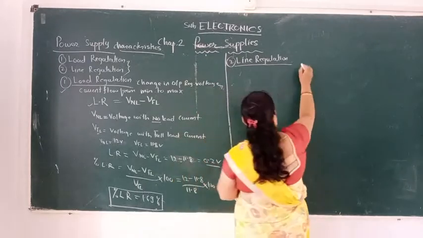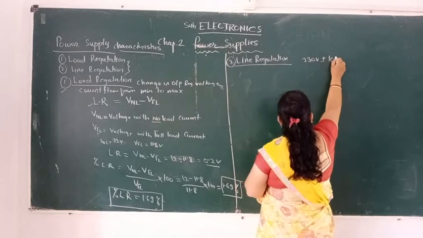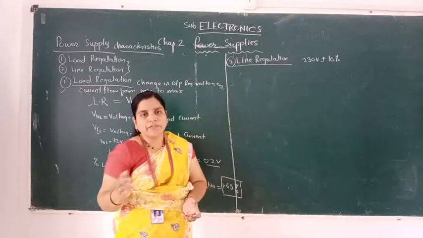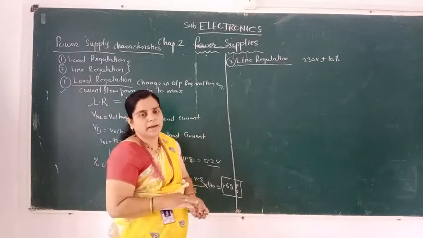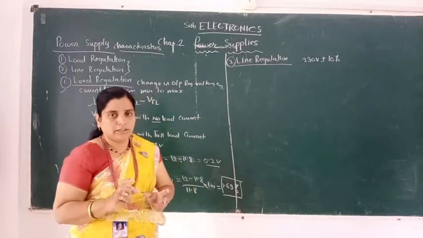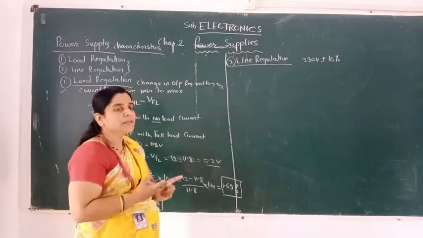That value is given as 230 volt plus minus 10%. Maybe there is a difference of plus 10% or minus 10% in the given value. That change in regulated voltage is called the line regulation.